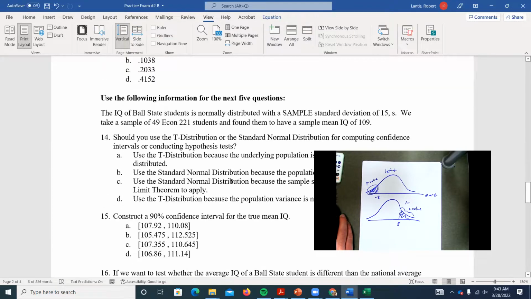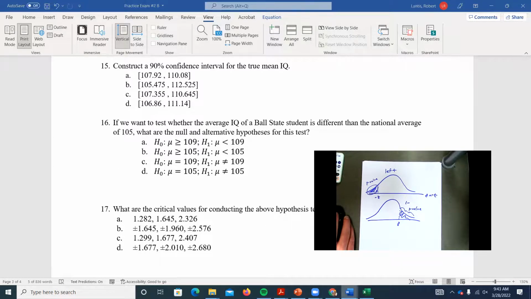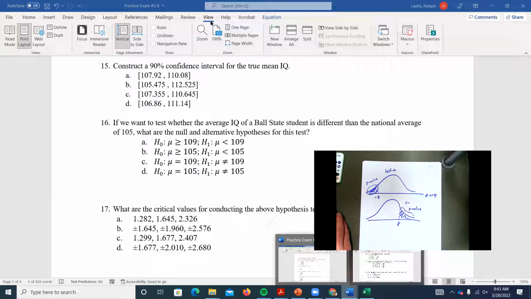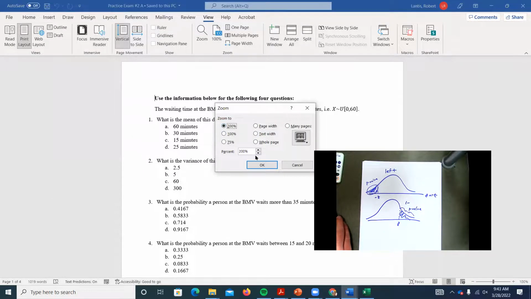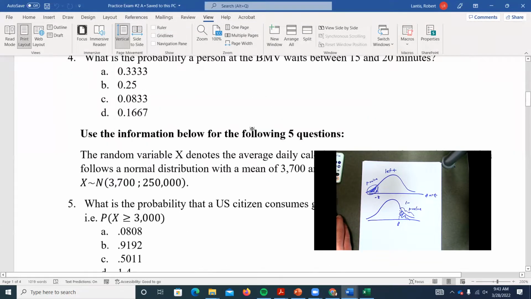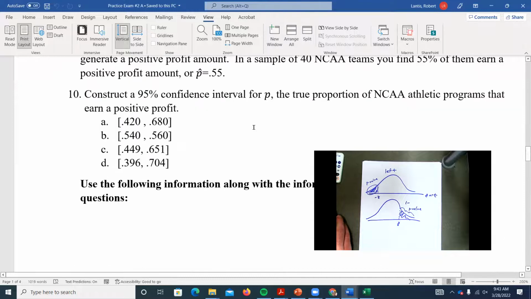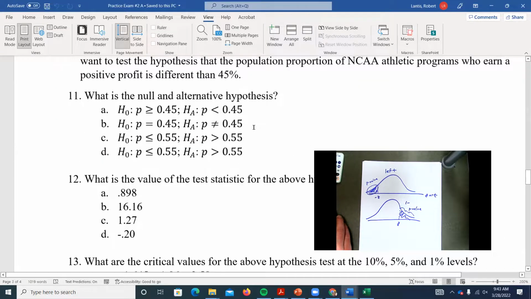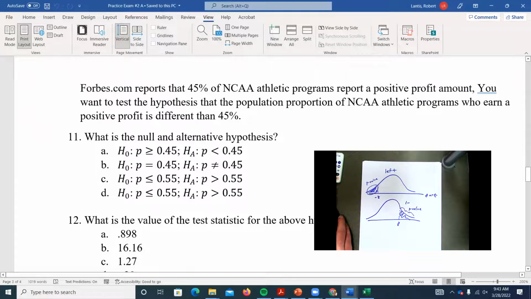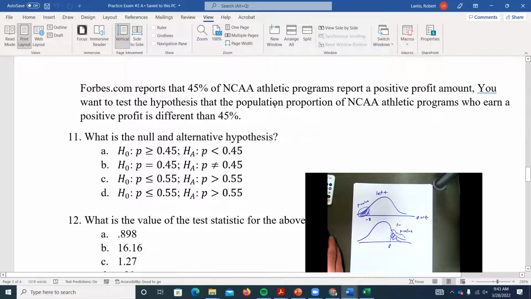Let's see, do I have any other examples here? Let's go to practice exam A just so we can go through a few here real quick. Okay, so here, you want to test for whether or not that population proportion is different than 45%, or as a proportion different than 0.45. So I see this term different than, this one should be pretty easy.